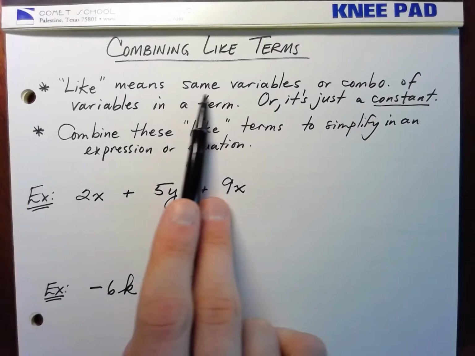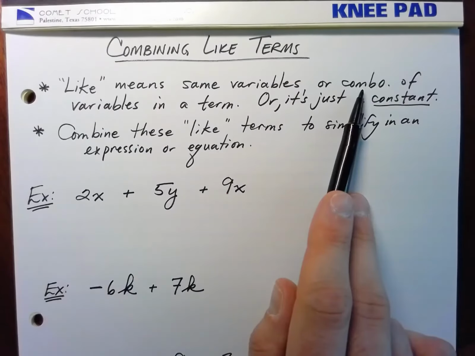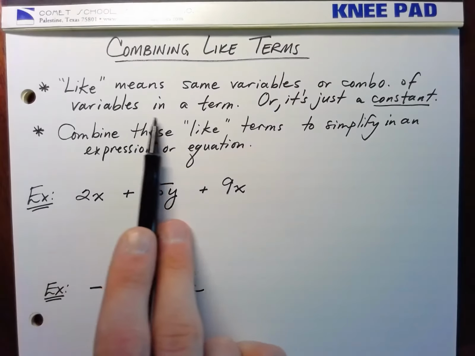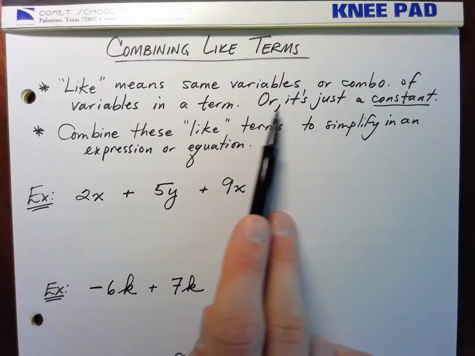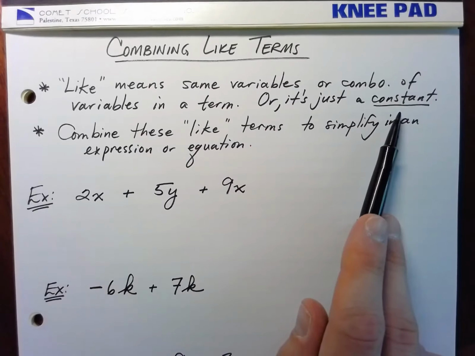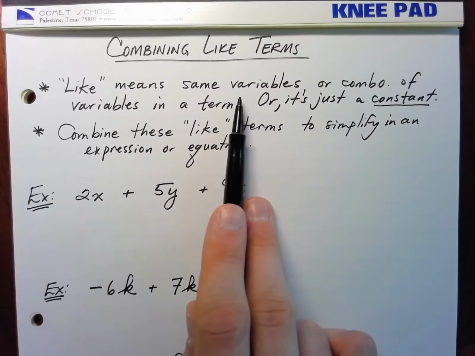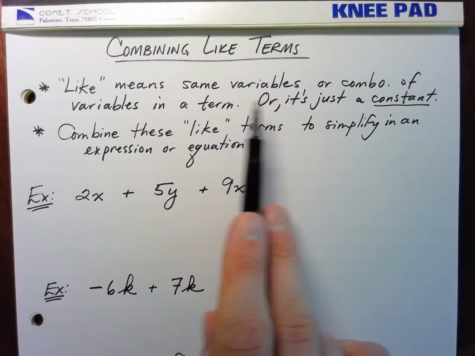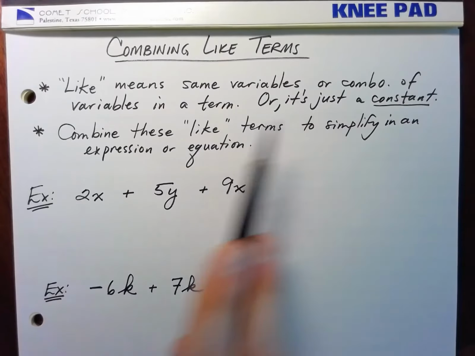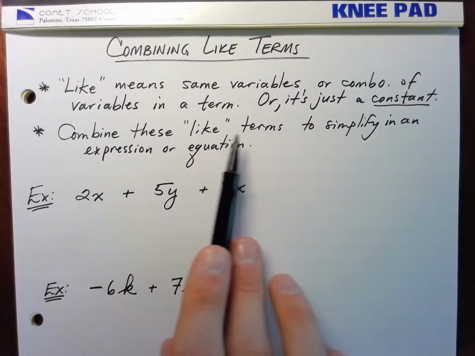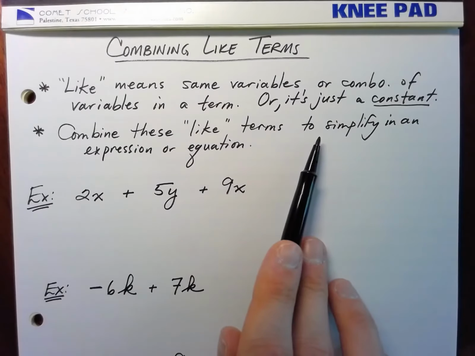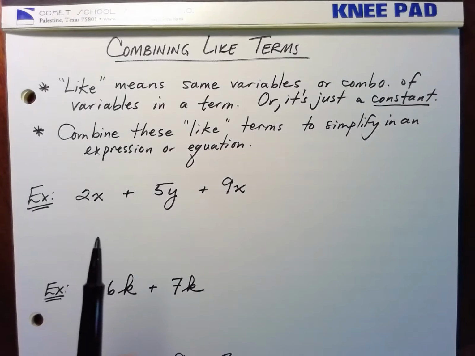Like means the same variables or combination of variables in a term, or it's just a constant. And in that case, it has the same variables because there are no variables if it's just a constant. You combine these like terms to simplify an expression or equation.